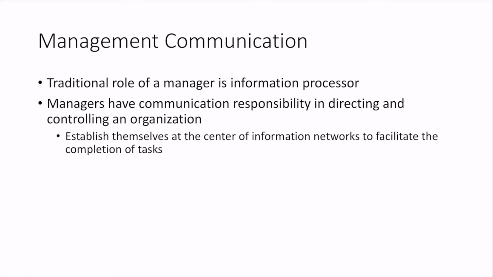Now, management communication. Well, the traditional role of a manager is information processor. They just took orders from the top, processed it, and sent it out, disseminated it throughout the employees. But managers have communication responsibility in directing and controlling an organization. So they are the center of information networks to facilitate the completion of tasks.